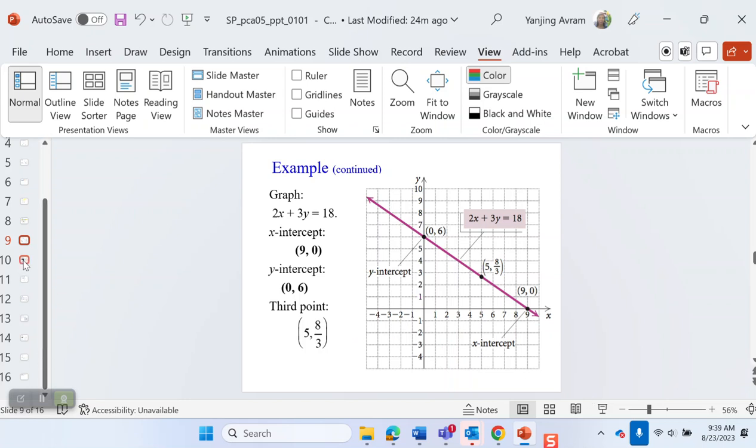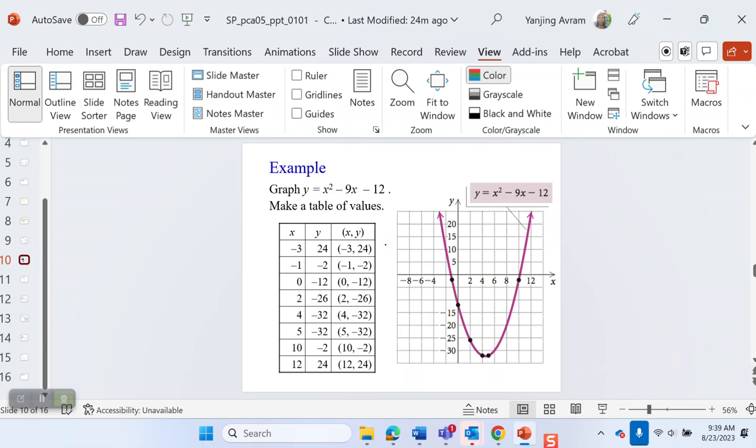All right. Next one, we're gonna talk about this one called a parabola. For a parabola, you will need more than 2 points in order to graph this one right here. You can plug in x equal to 0, x equal to whatever number in.